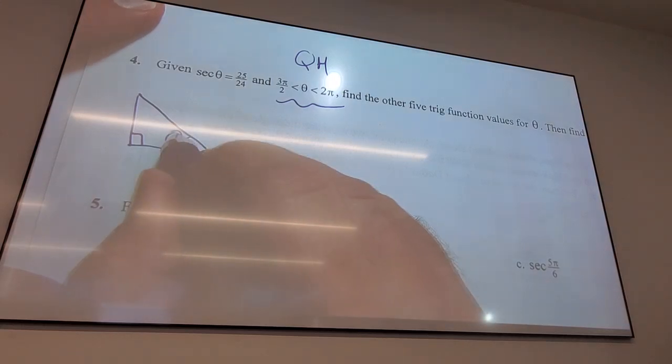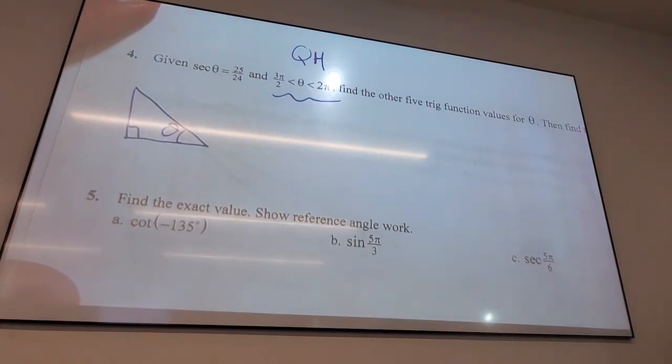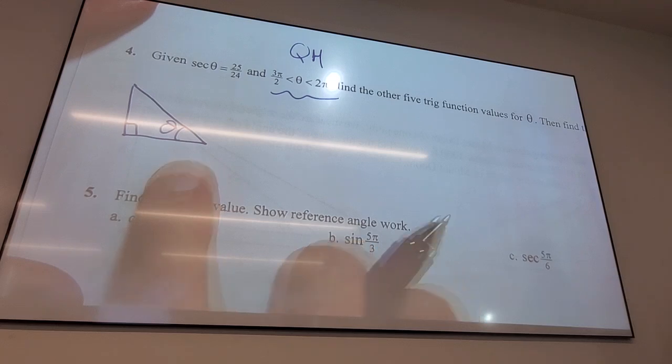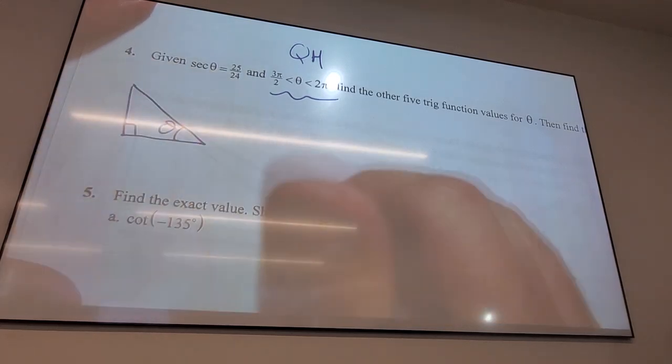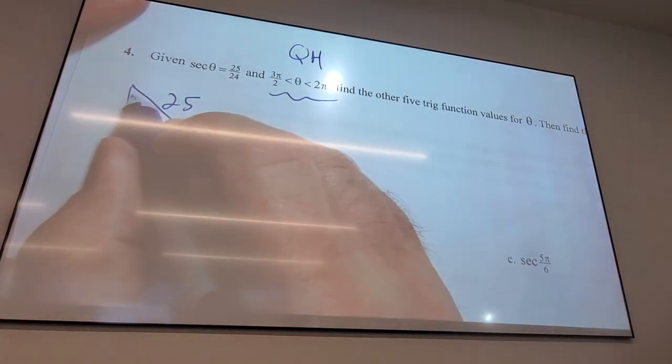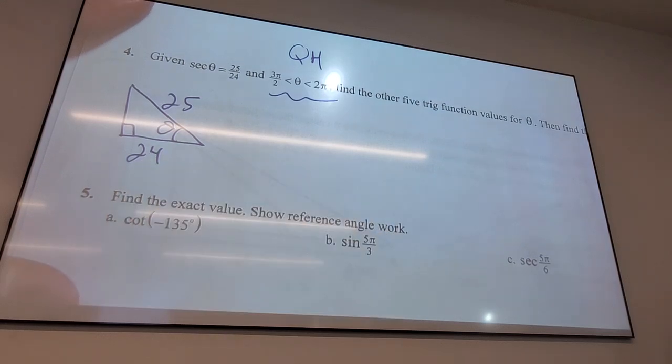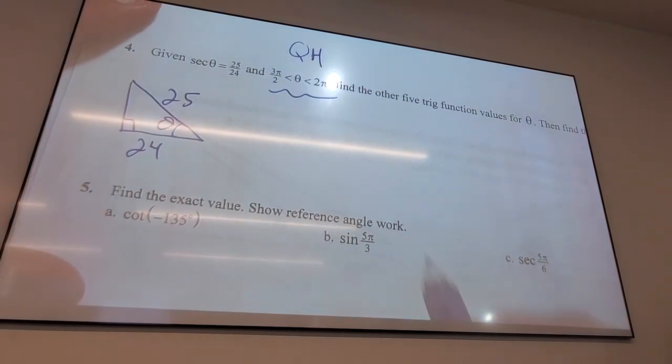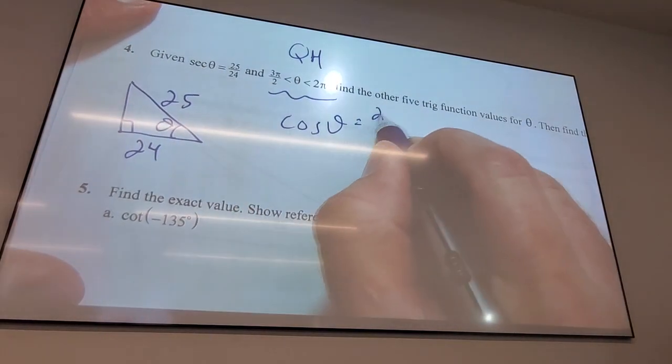Put theta there in the base. Where should 25 go? Hypotenuse. And where should 24 go? Yes, because it's cosine, right? So we know cosine is 24 over 25.